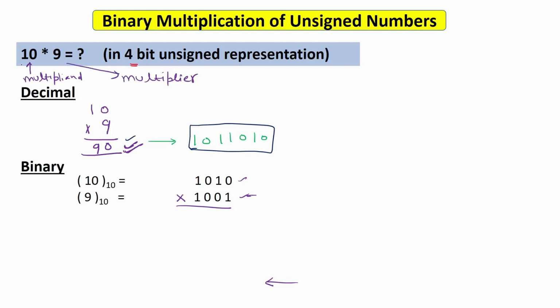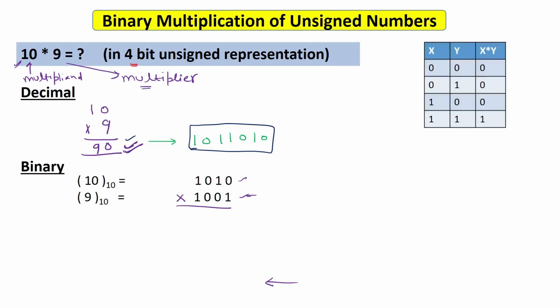Before moving further, this 10 can be called the multiplicand, and this 9, which is multiplying this 10, can be called the multiplier. To perform the multiplication between these bits, this table will help us.